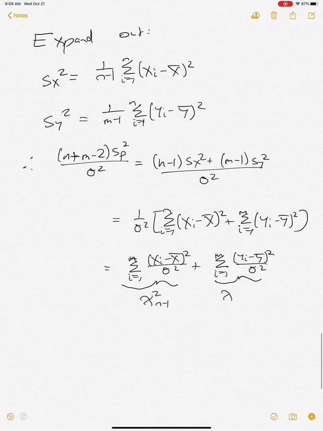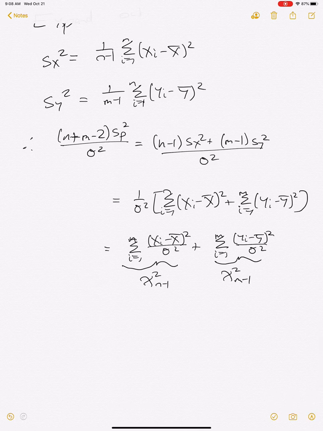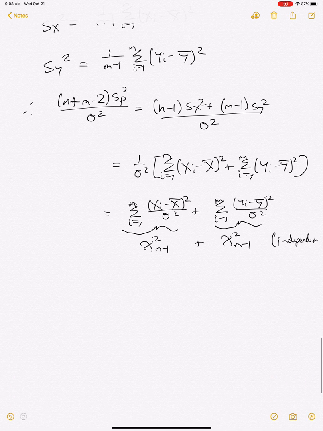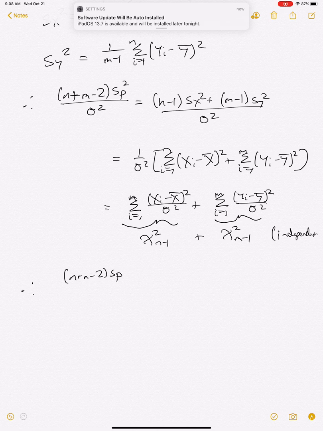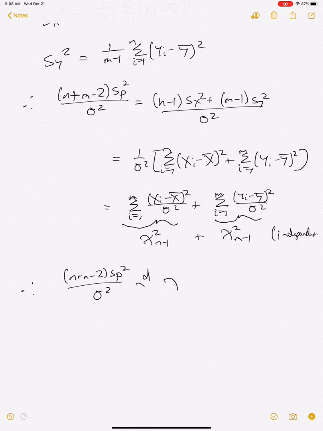We know that this is chi squared m minus 1. And then we also know that they're independent because the samples themselves are independent. So therefore we have that n plus m minus 2 sp squared over sigma squared is distributed chi squared, where the degrees of freedom now are n plus m minus 2.